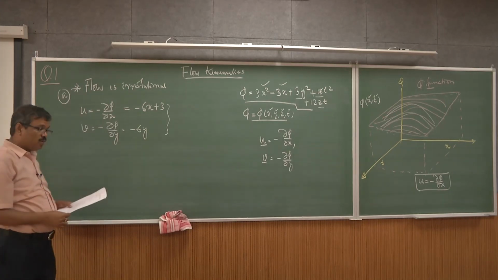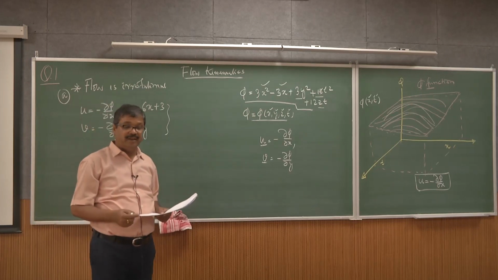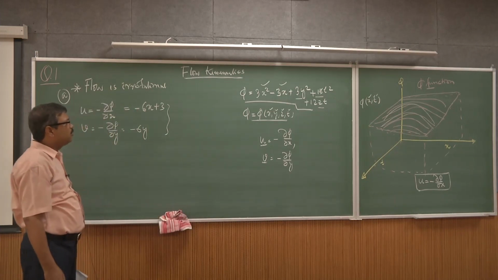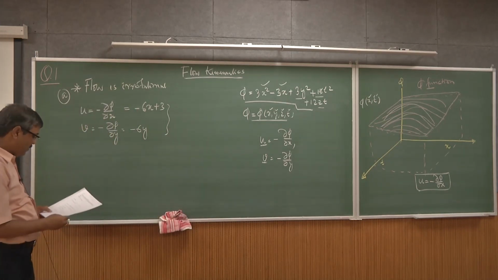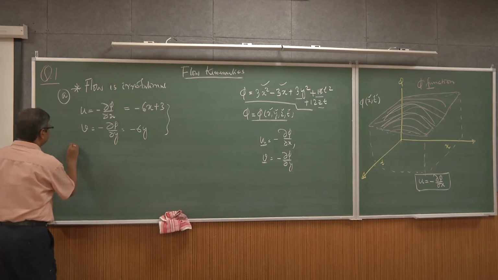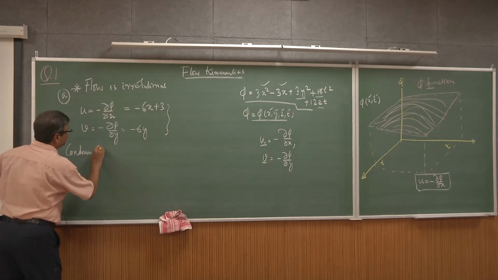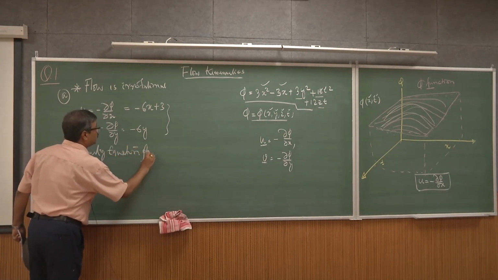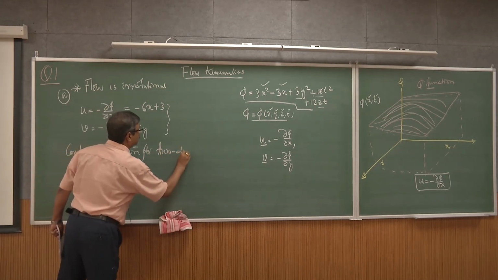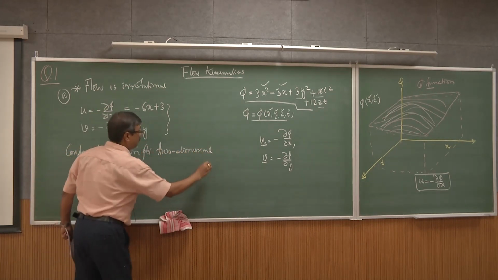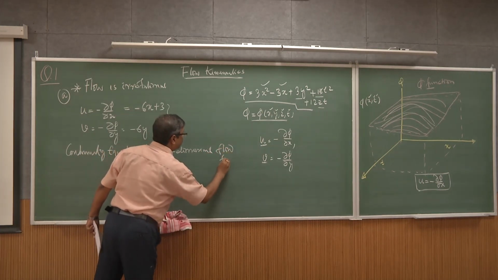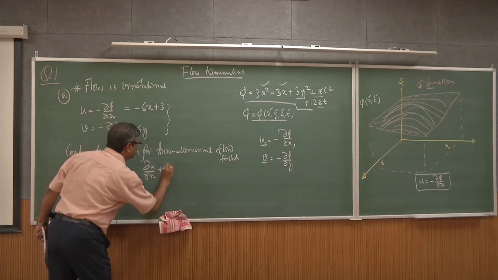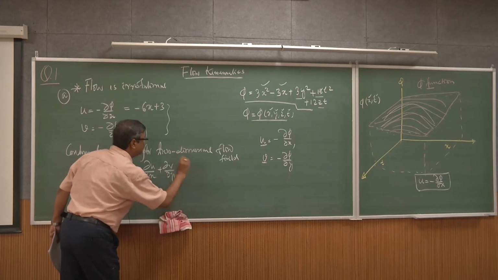Now the second part of the problem: does the flow field satisfy the incompressible continuity equation? Since the flow field is two-dimensional, the continuity equation for a two-dimensional flow field is del u by del x plus del v by del y equal to 0.